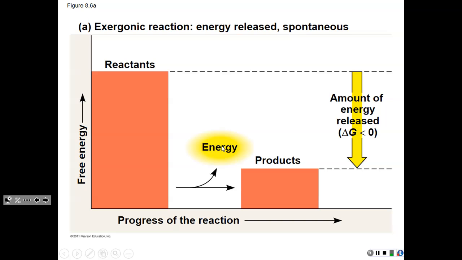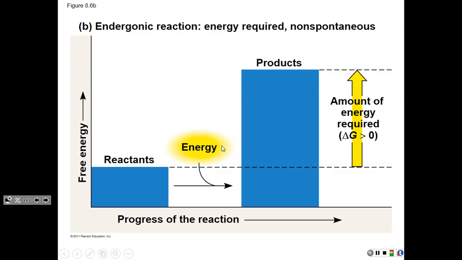That's going to be true for all spontaneous reactions. And the funny thing is a chemical reaction cannot take place unless it is spontaneous. Because of the first and second law of thermodynamics, we always have to go from more energy to less energy as the process plays out.